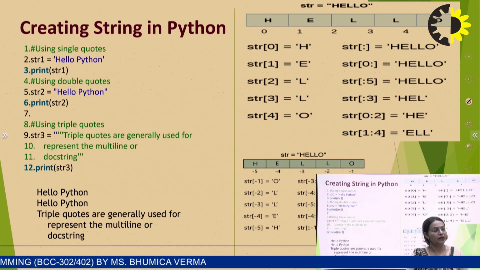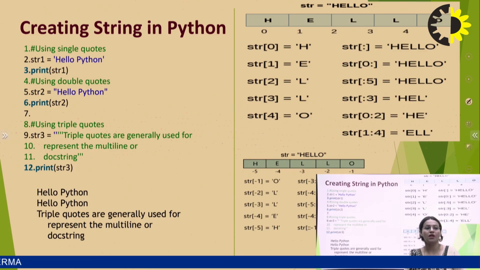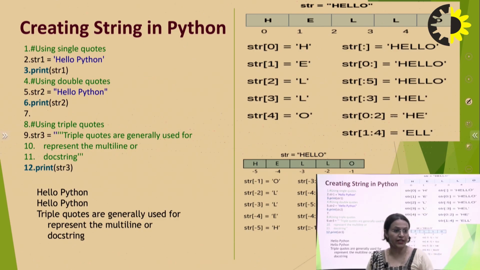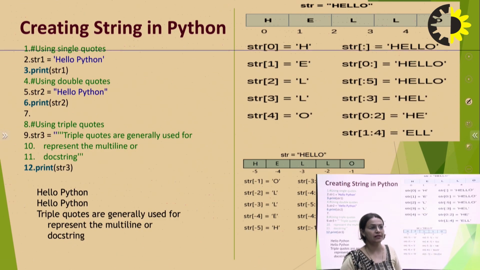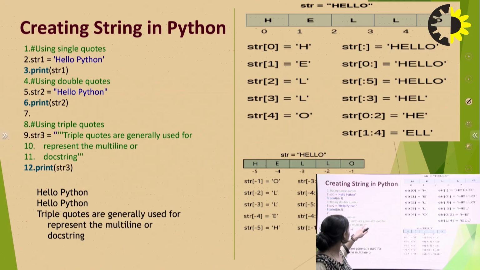It can also hold a single line, but it is used when I have huge data, that is, multiple lines. Here triple quotes are used to declare the data, and finally I am printing it.